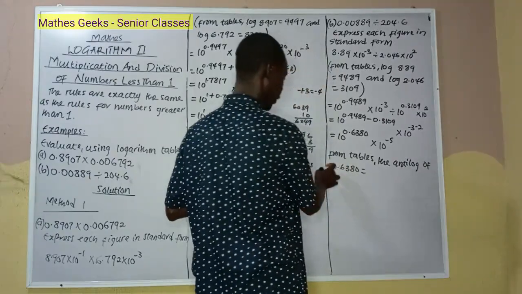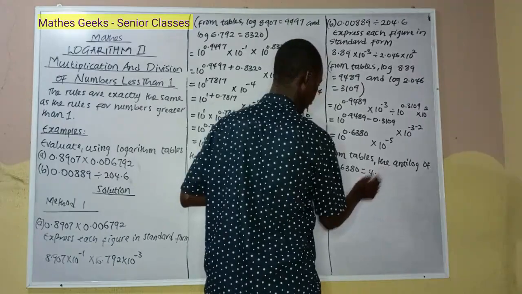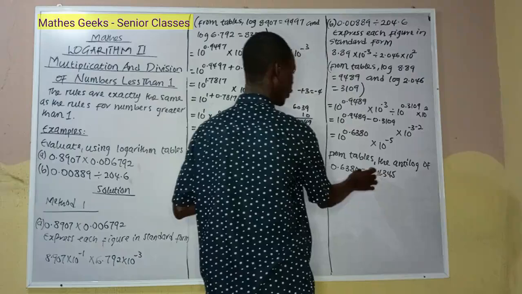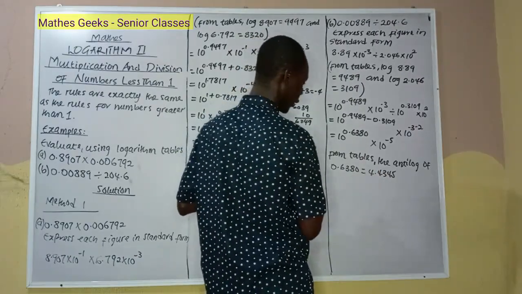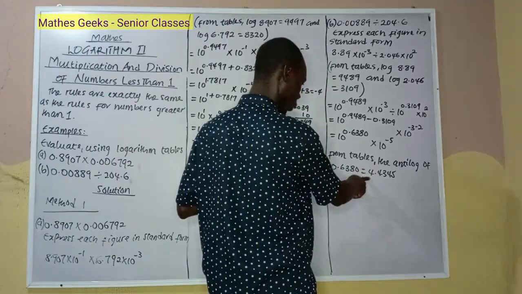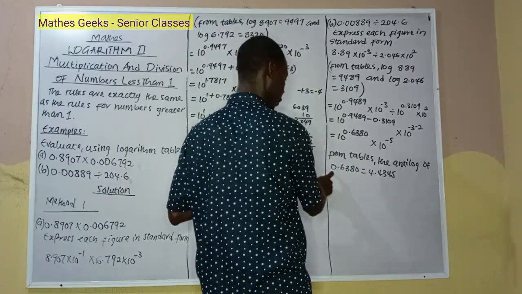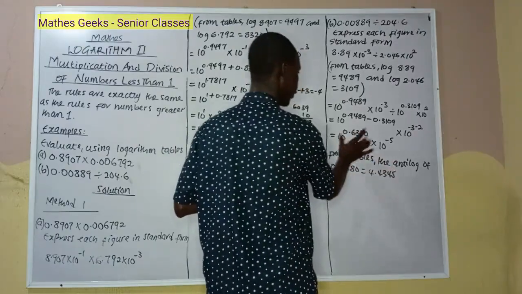Since the point here is 0, it must be 4.345. Because the characteristic is the number before the decimal point, the characteristic is 0. That's the implication. So now let's put this in place of this.